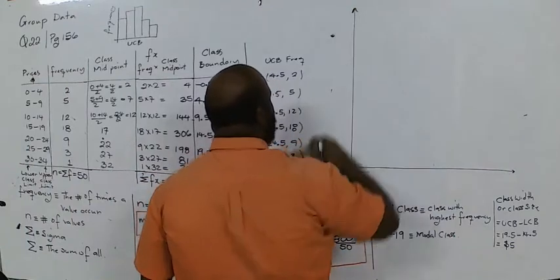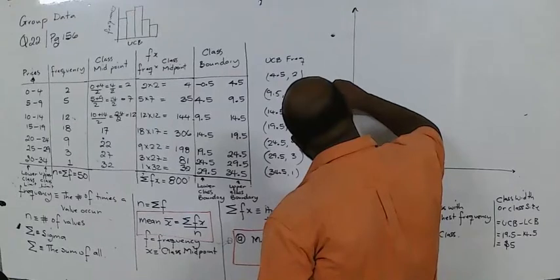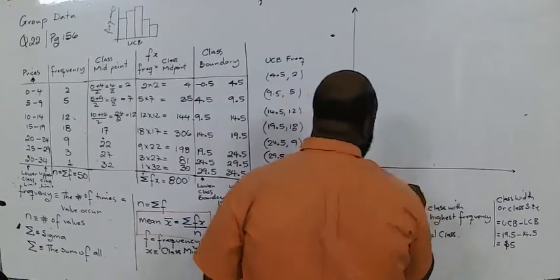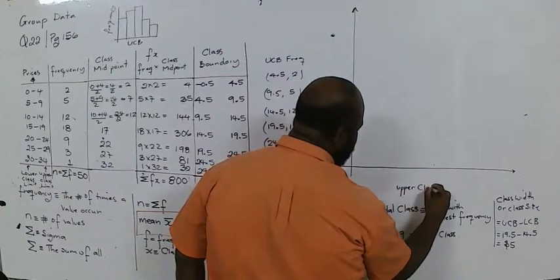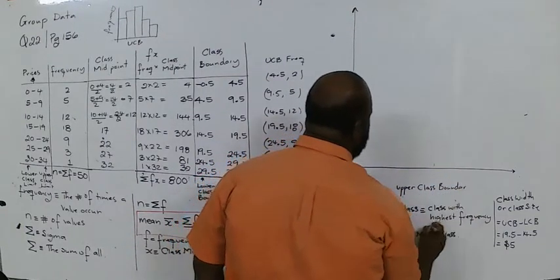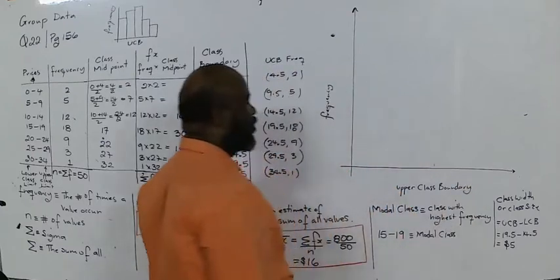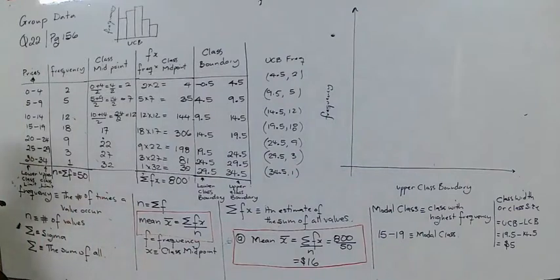Over here is frequency. Down here is the upper class boundary. When you write the words frequency and upper class boundary, don't write them too close, because you're going to leave numbers in the space between them.